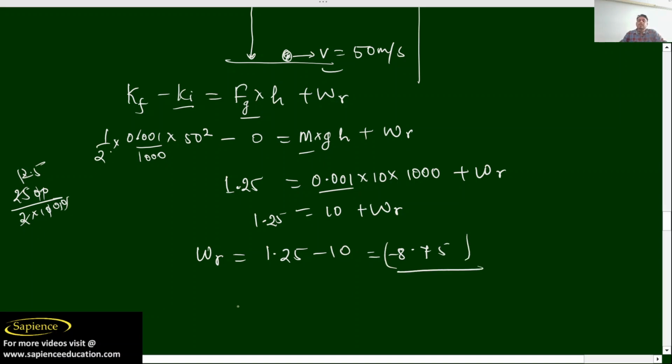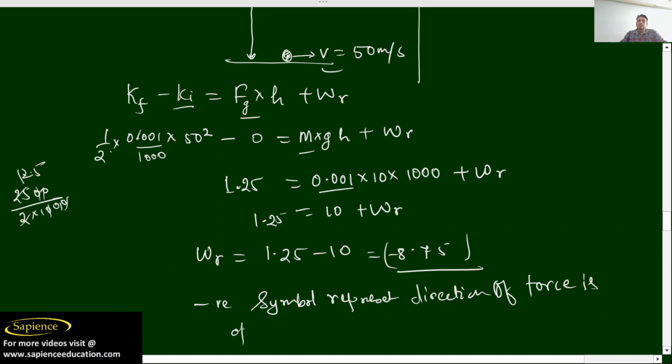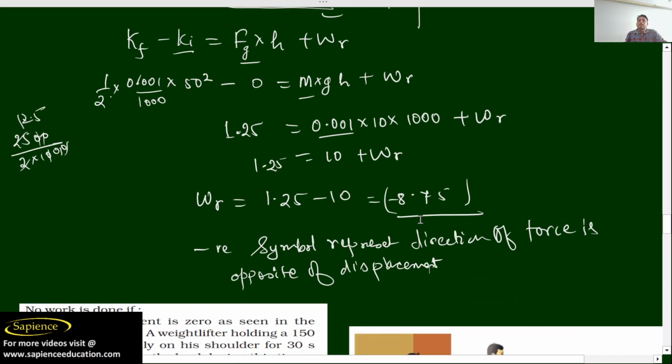So why is it negative? The negative symbol represents that the direction of force is opposite to the direction of the motion, opposite of displacement. I hope you all have understood why it is negative.